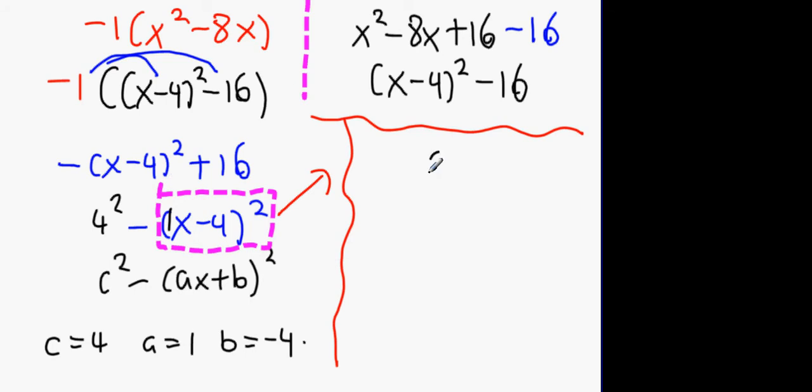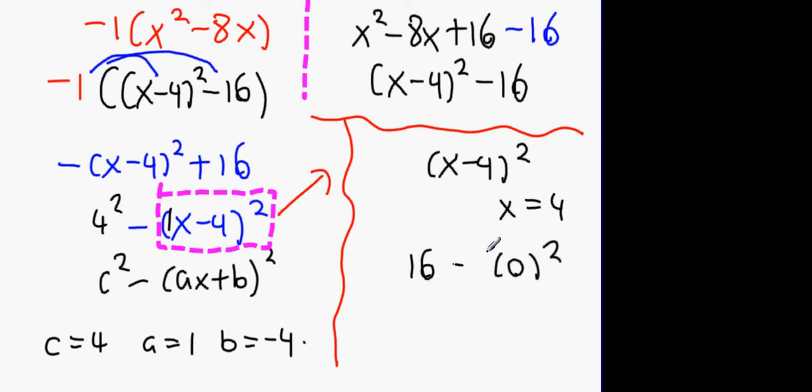How do you turn x minus 4 squared into 0 squared? x equals plus 4. Now it's 0 squared. That's the maximum value, because it's 16 minus the smallest number possible. 16 minus 0 squared is 16. The maximum value is 16 when x equals 4.